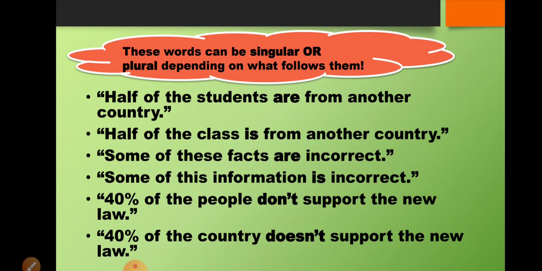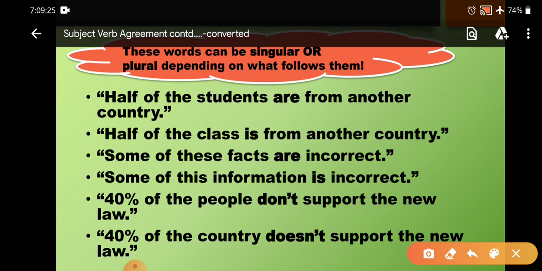You have to see what comes after this. Half of, let me underline these first of all. Half of, then some of, then 40% of. So these phrases, now till here we don't know. Half of what? Let us ask this question.